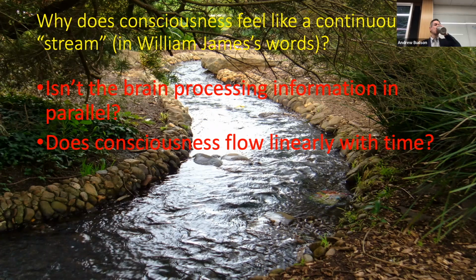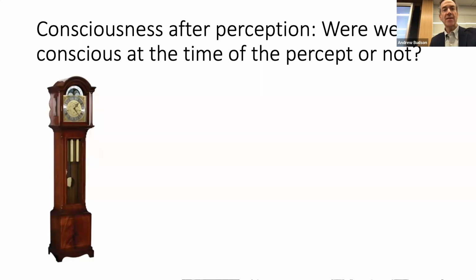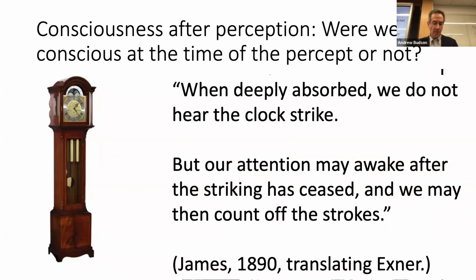William James actually talks about evidence that consciousness does not flow linearly with time. He quotes Exner: when we are deeply absorbed in something, whether writing or talking with a friend, we don't hear the clock striking, but we can have our attention awake after the clock has finished striking, and we can count off the strokes.